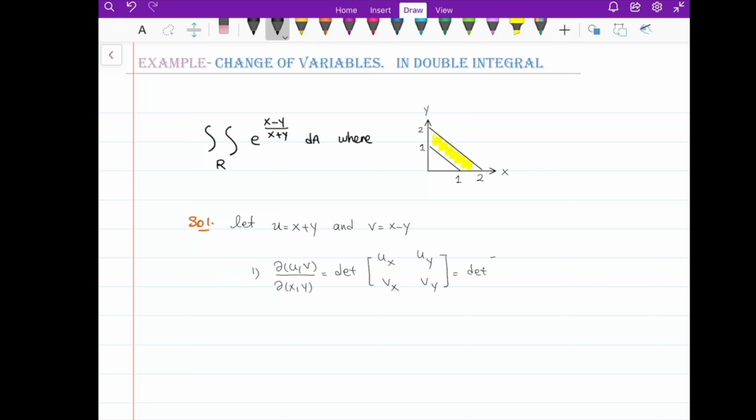And u with respect to x is 1, with respect to y is 1, v with respect to x is 1, with respect to y is negative 1. So this is negative 1 minus 1, it's negative 2.